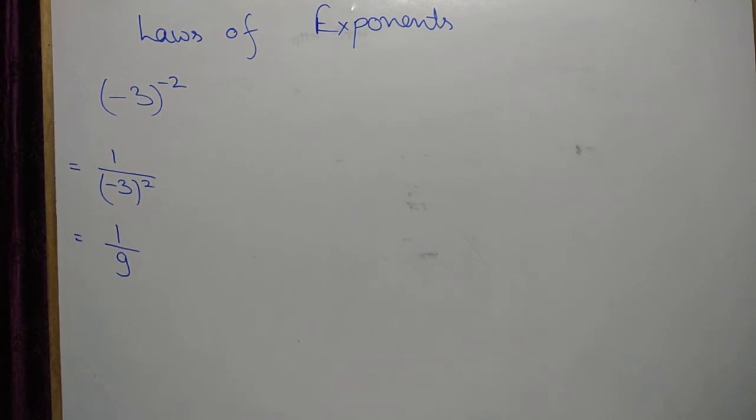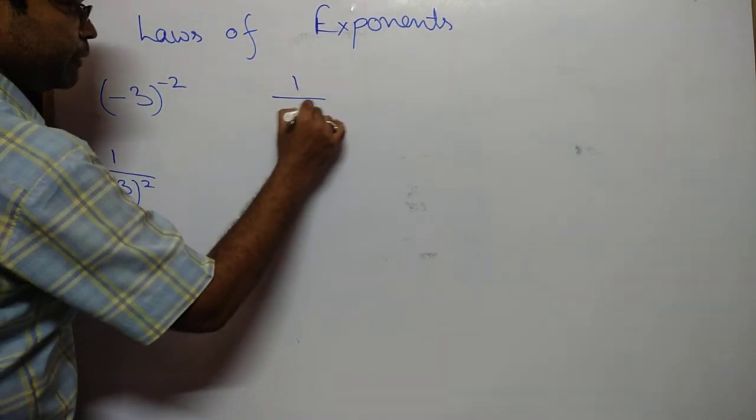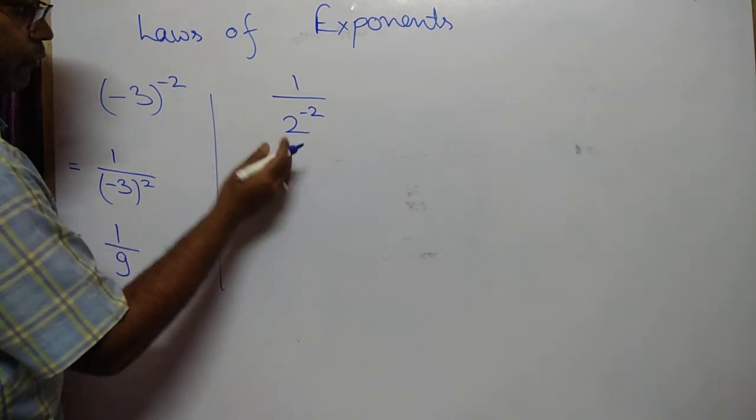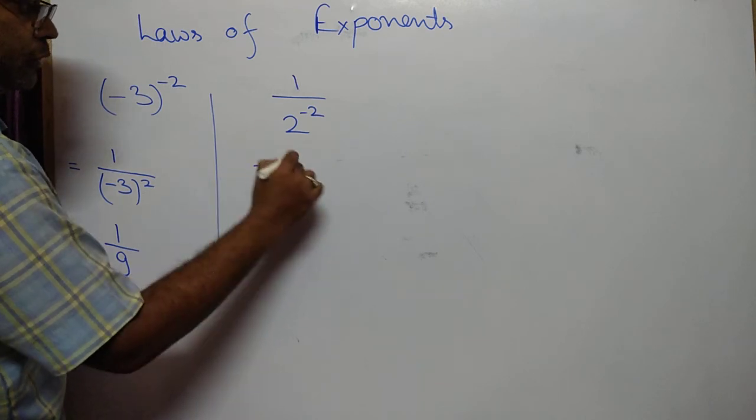Another is given: 1 upon 2 to the power minus 2. How do we change? We change the sign of power. So 2 to the power 2.